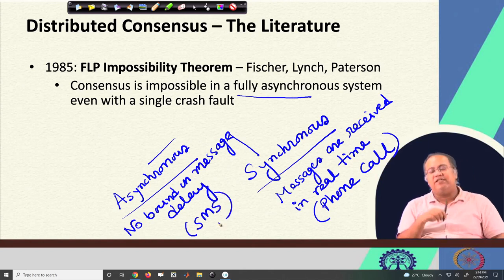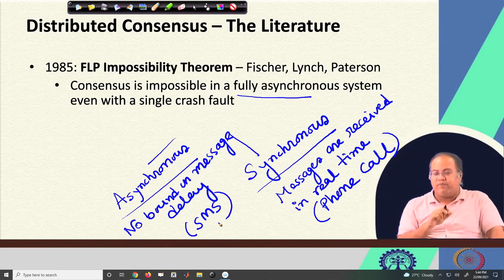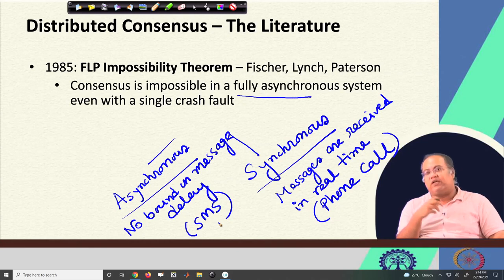You have sent that SMS, but many times it might happen that the SMS got lost, or it might get delivered later because of some network problem. You have sent the SMS today and it gets delivered tomorrow. That can also happen, and we have experience of such things. I guess many of you also have. That kind of communication channel we call the asynchronous communication channel.